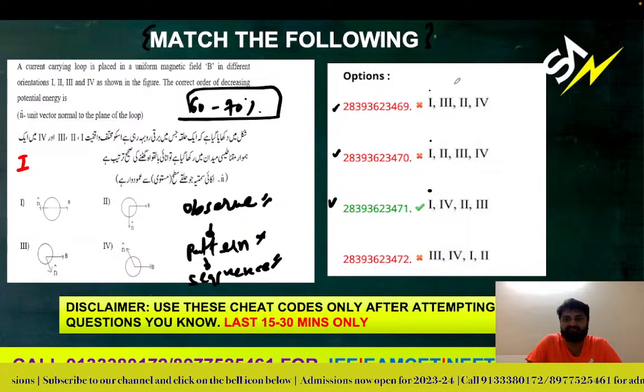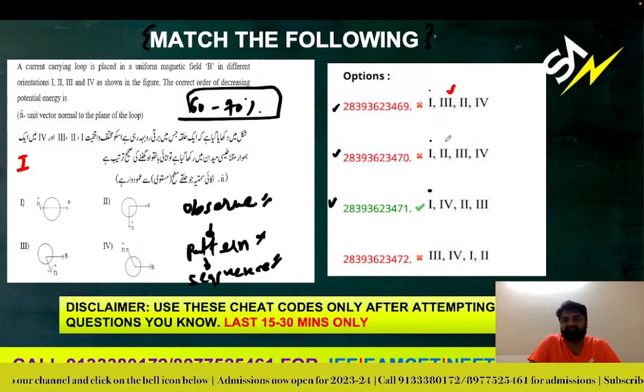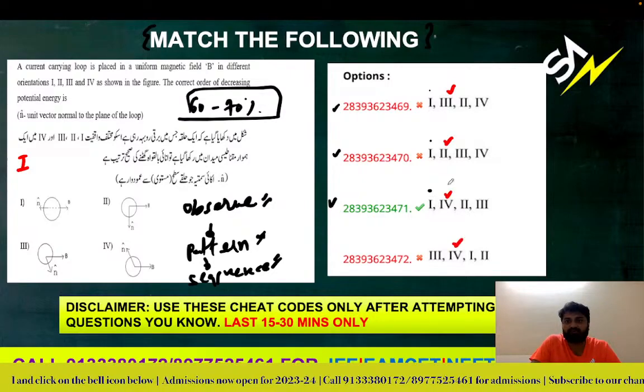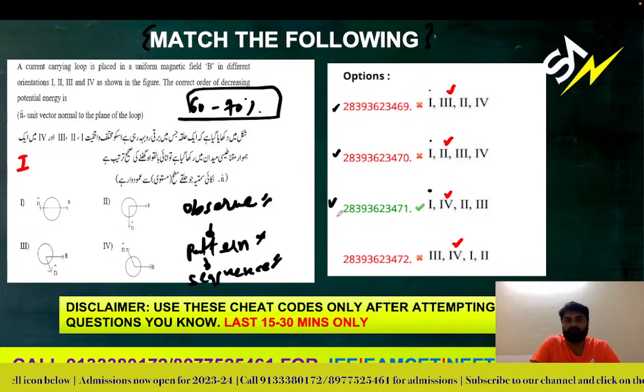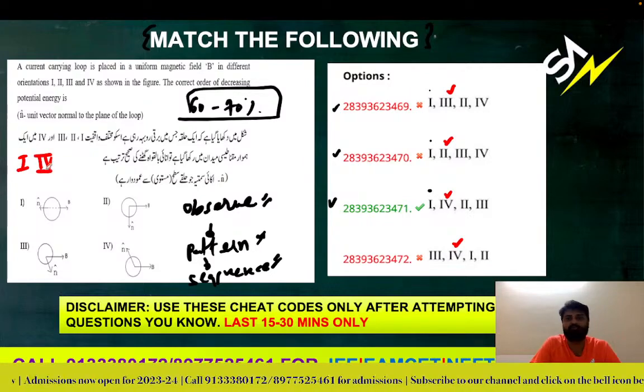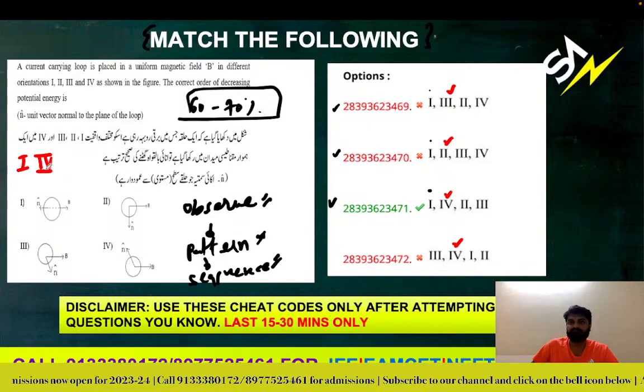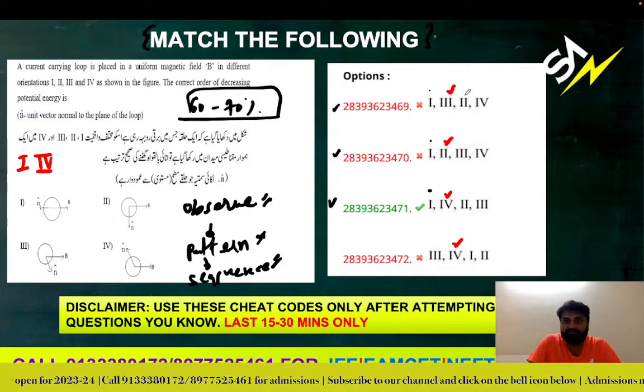Now observe the sequence in the second. For the second, the first option is saying 3, the second option is saying 2, and the third and fourth options are saying 4 and 4. So the second may be 4.